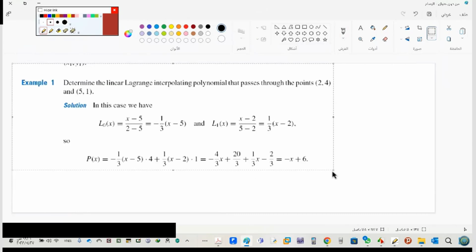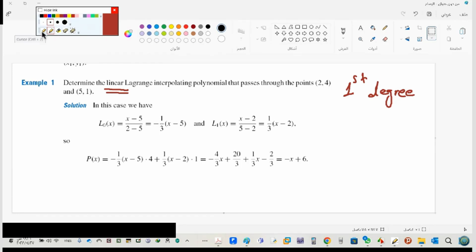Minimize a little bit. Now, determine the linear. See this word, it's an important word: linear. That means degree, first degree. Linear here means first degree. So focus on this one, linear.